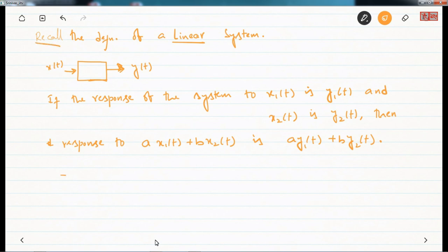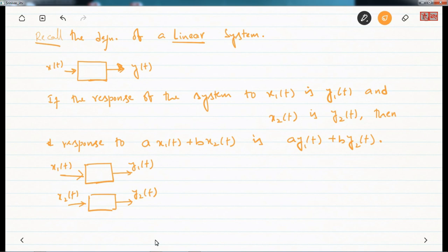Diagrammatically, if I give x1 of t, I get y1 of t. If I give x2 of t as the input, I get y2 of t as the output.